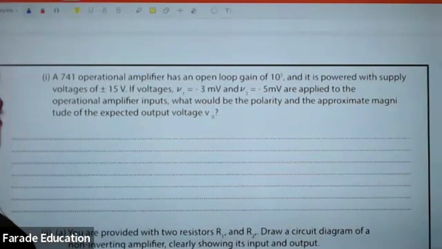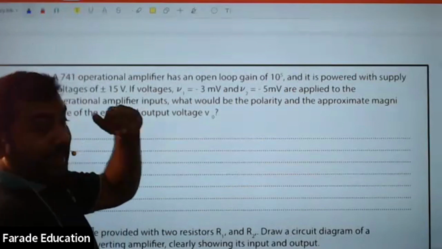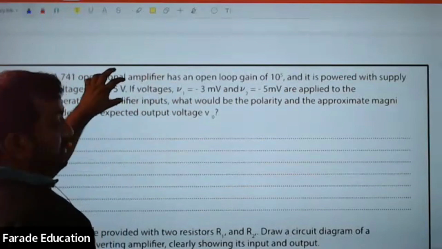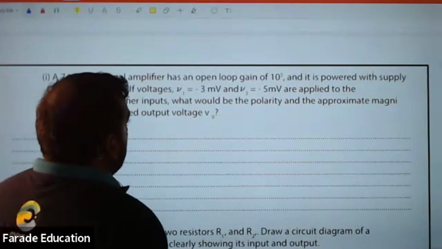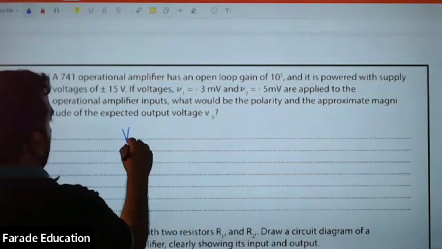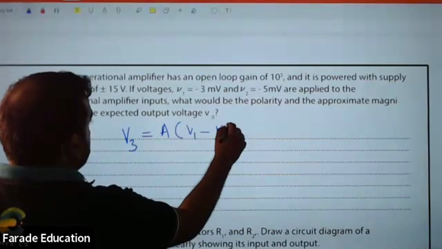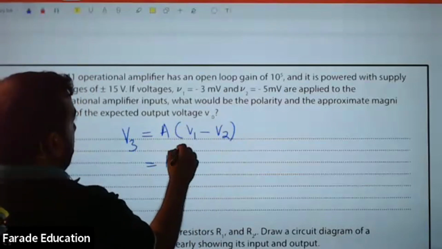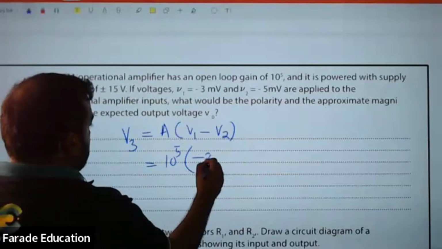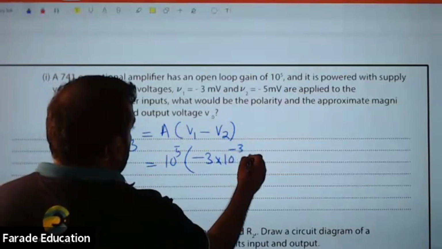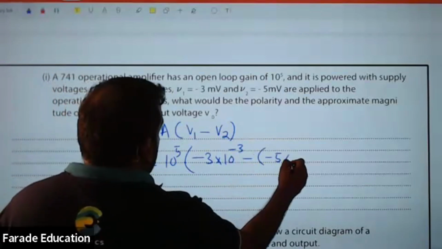A 741 op amp, which is in your syllabus, has an open loop gain of 10 to the power 5. It's powered with a voltage supply of plus or minus 15 volts. The output can never exceed the supply voltage. So the output is A times (V plus minus V minus), 10 to the power 5, where V plus is minus 3 millivolts and V minus is minus 5 millivolts.